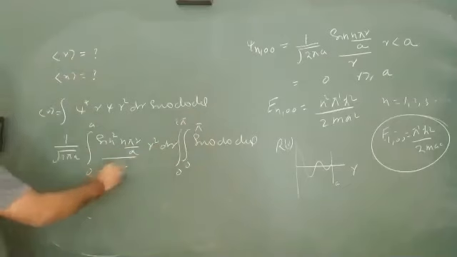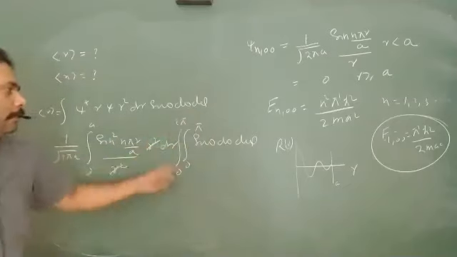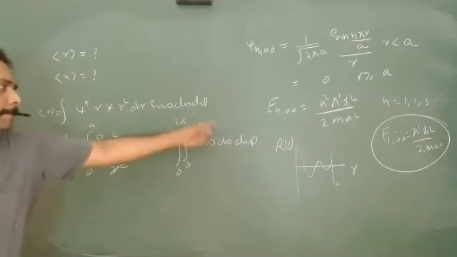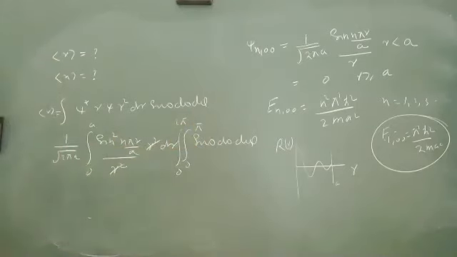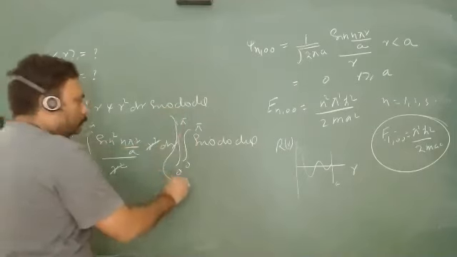Now this r square is cancelled, and what will be this integration? Can you tell me? You have done this thing a lot of times. What will be this integration?